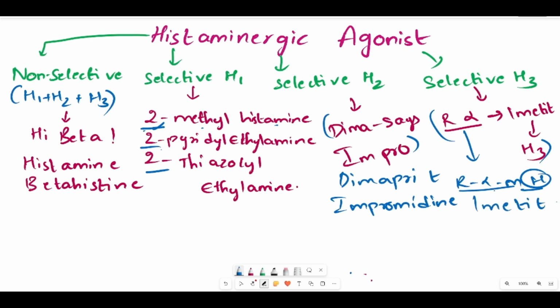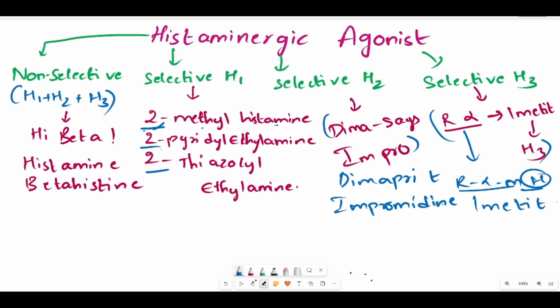So let me just quickly revise this one, and then we'll go into the H1 antagonist part. First, the histaminergic agonists are divided into four classes. The first one is the non-selective agonist. To remember the drugs, just remember "high beta", where H means histamine, and beta is betahistine. The second class is the selective H1 agonist, and all the drugs in this class start with 2.